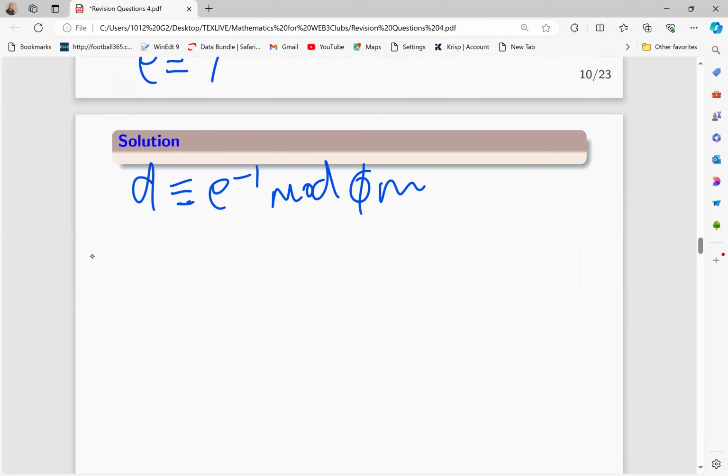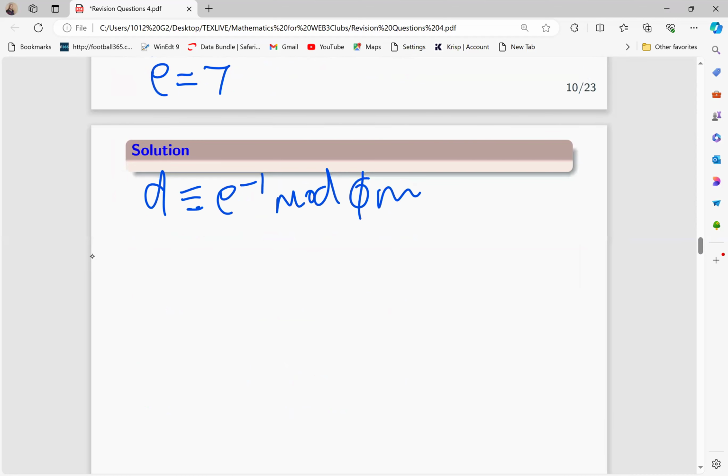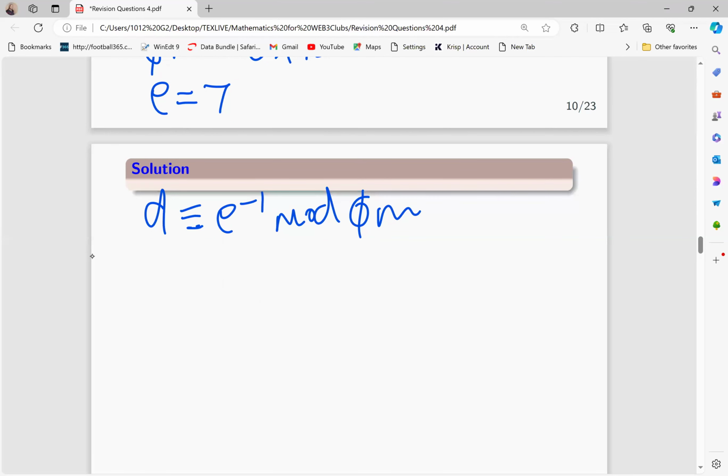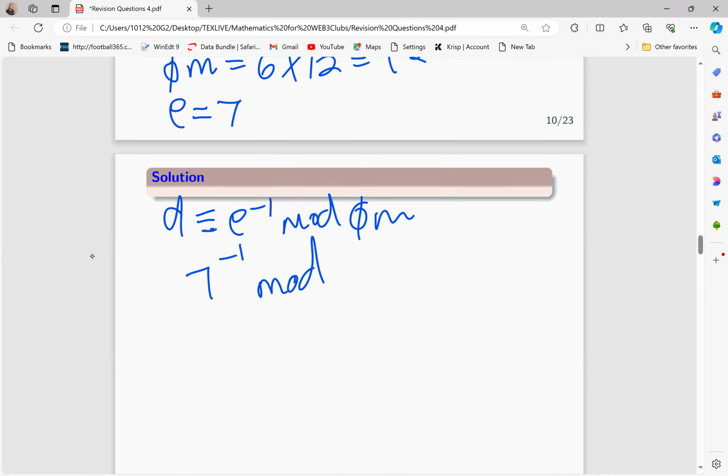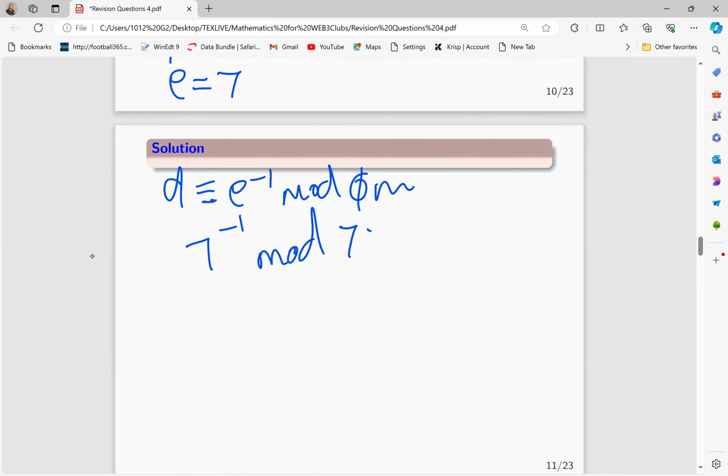So we have to compute this: the inverse of 7 mod 72, since the phi of M we calculated was 72. Which means D times 7 is congruent to 1 mod 72.